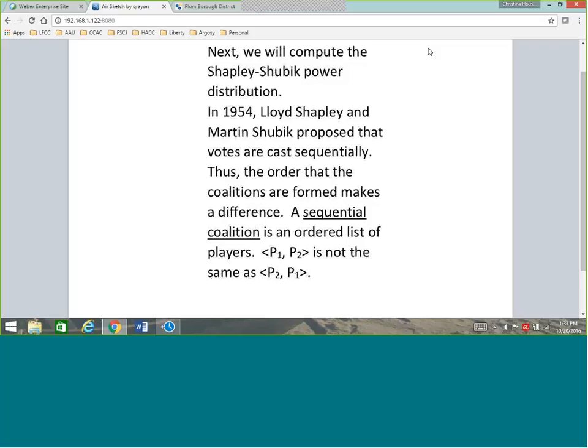They looked at it as voting in sequence, meaning that the order of the players voting makes a difference. So in this case, player 1, player 2 is not the same as player 2, player 1. Also note the notation is different.